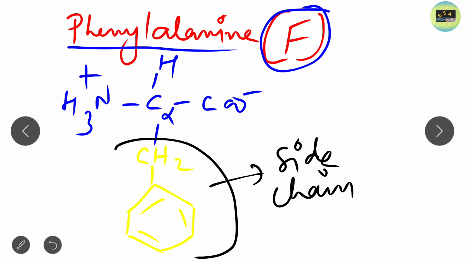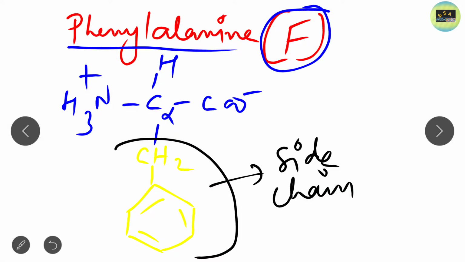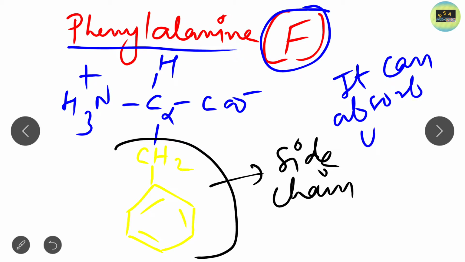Clear? So what is the main function of this phenylalanine? It can absorb UV light. Not only phenylalanine, but tryptophan and tyrosine also absorb UV light, because this is the characteristic of the aromatic amino acids.